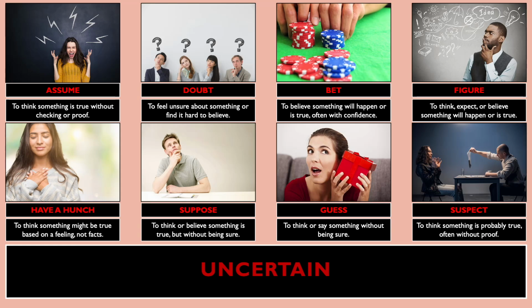Bet. To believe something will happen or is true, often with confidence. Figure. To think, expect, or believe something will happen or is true. Have a hunch. To think something might be true based on a feeling, not facts.